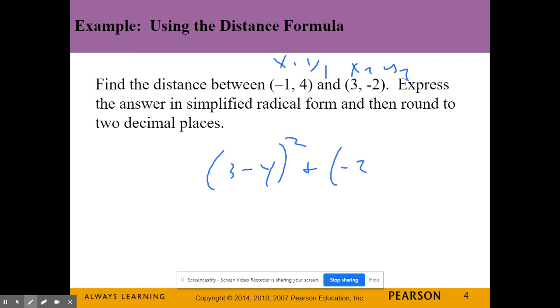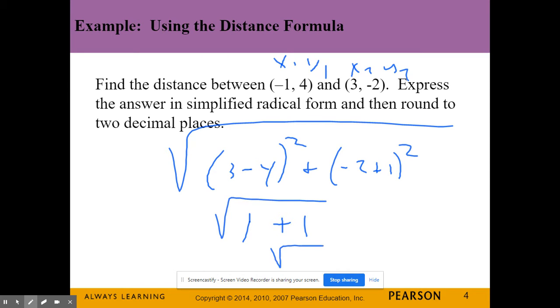So negative 2 minus negative 1, so plus 1, squared. All of that we'll take a square root of. So negative 3 minus 4 squared is 1, because negative 1 squared is 1. Then negative 2 plus 1 is negative 1, squared is 1. So now you've got 1 plus 1, and then you've got the square root of 2.